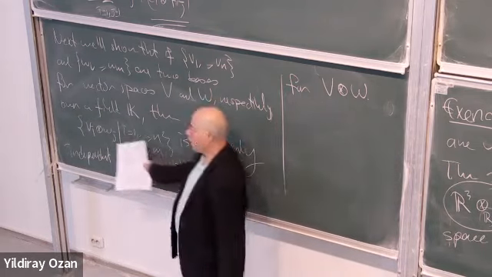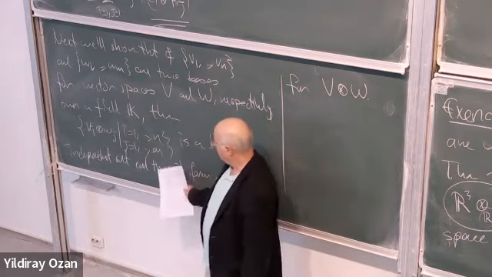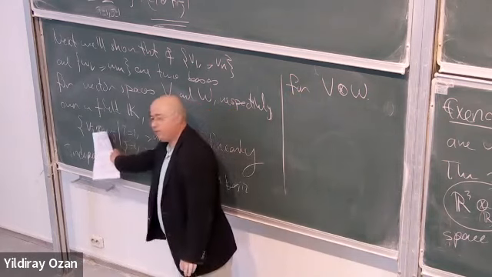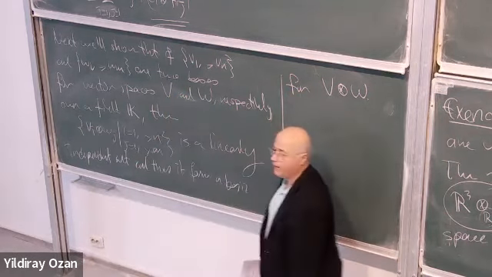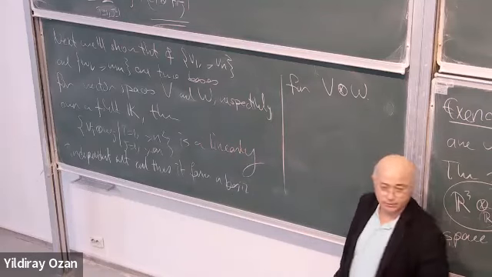How many elements do I have here? I have n many v's and m many w's. So we have n times m elements.